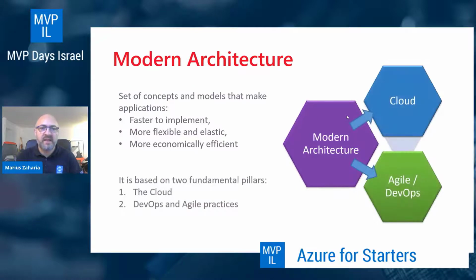Now, once we've said that, for me, the modern architecture relies on two fundamental pillars. The first one is the cloud, in particular the public cloud, which gave the opportunity of offering more and more types of services and more different materializations of the same technologies, with different forms and deployment models, as you will see in the next slides.